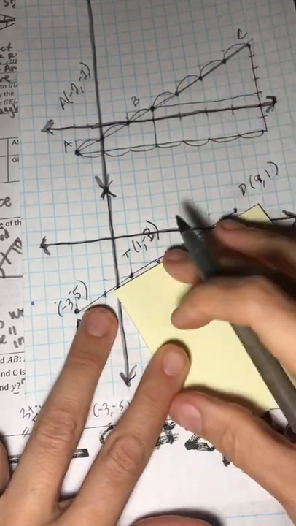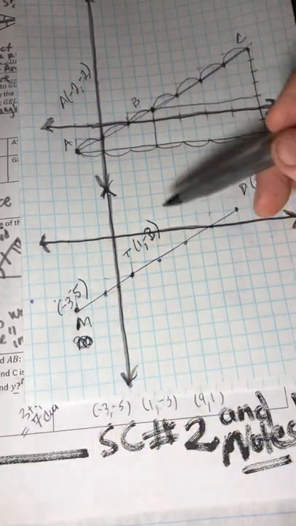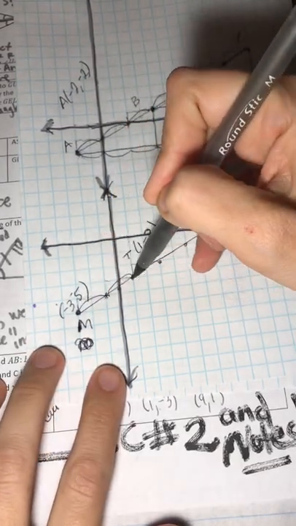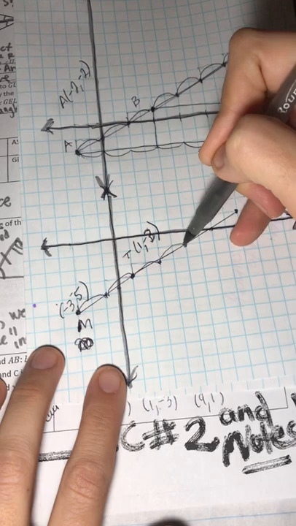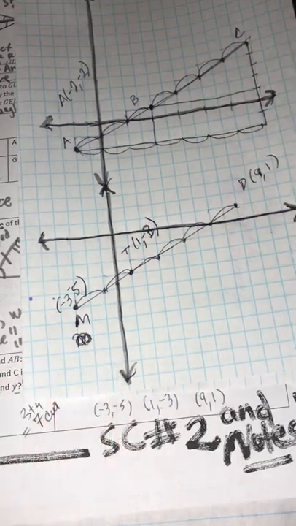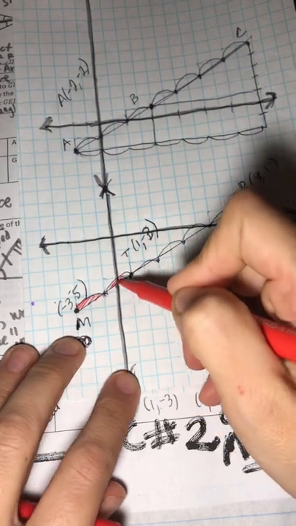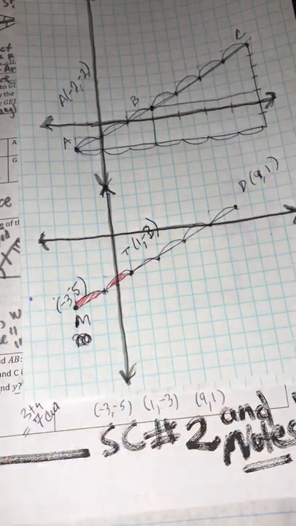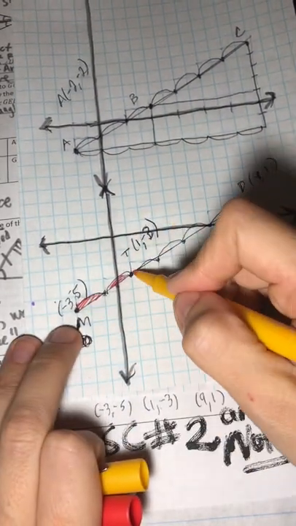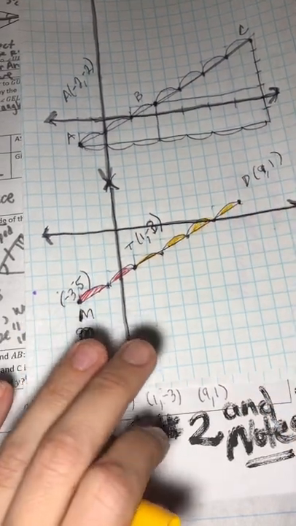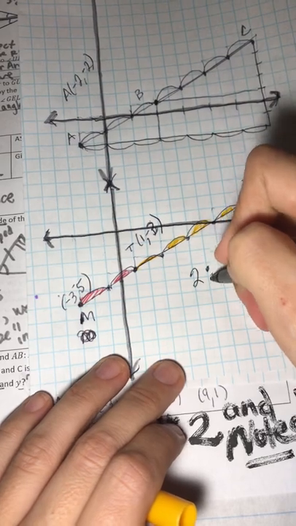Rise 1, run 2. So I've already cut it into 1, 2, 3, 4, 5, 6 equal pieces. I've got to come up with a ratio. It looks like I went 2 equal and then 4 equal. And some people in the study club were like, oh, that's interesting.